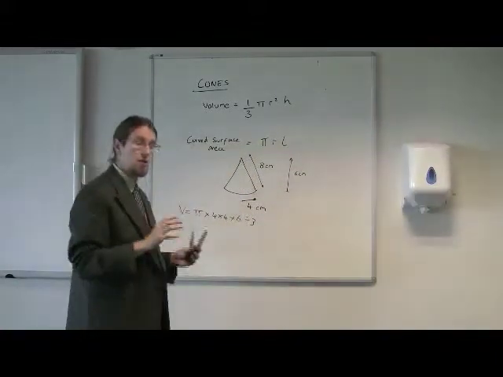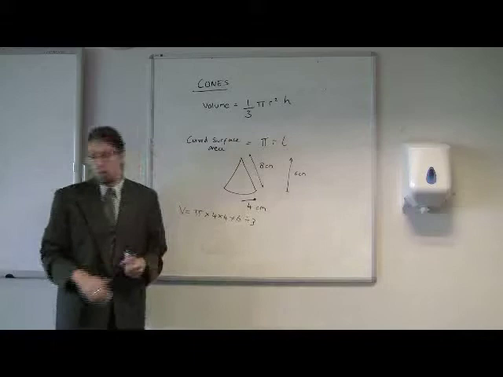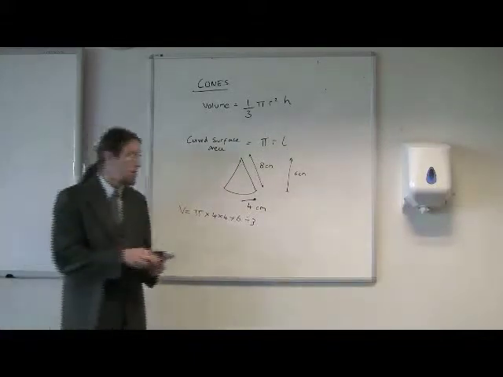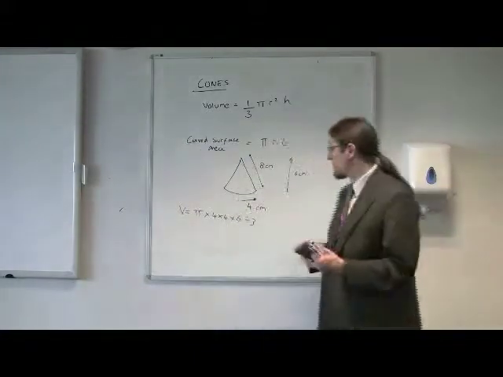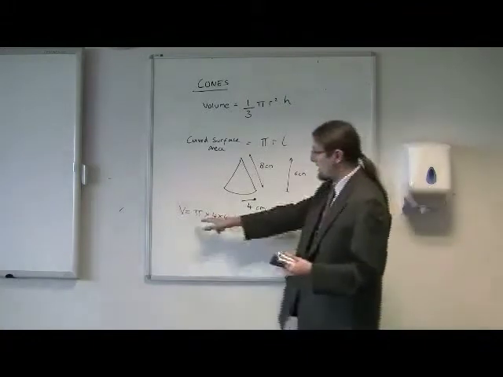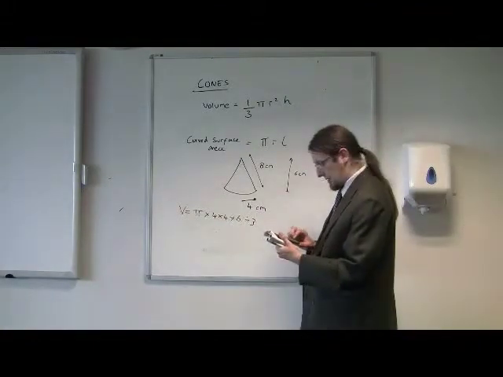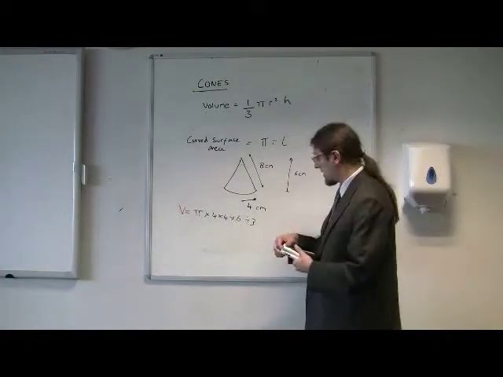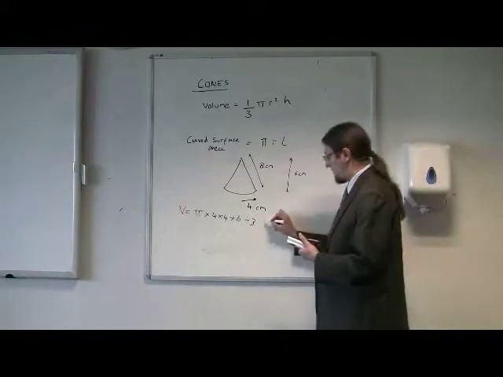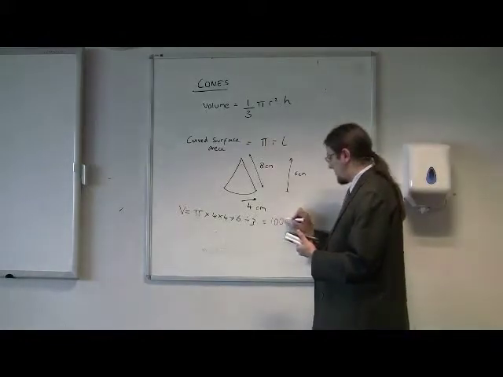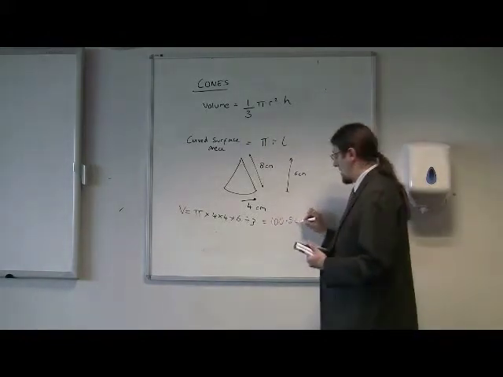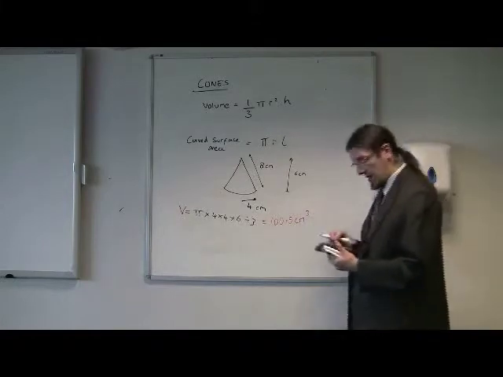Again, it doesn't matter that much what order you do these in, as long as you do it all. So let's run to the calculator because we're using pi. I'm just going to use the pi button. I get a solution of just over 100. So volume, so that's centimetres cubed.